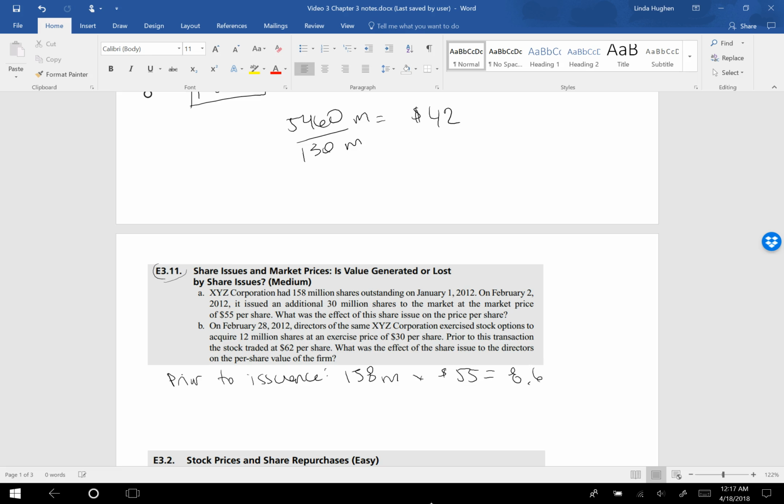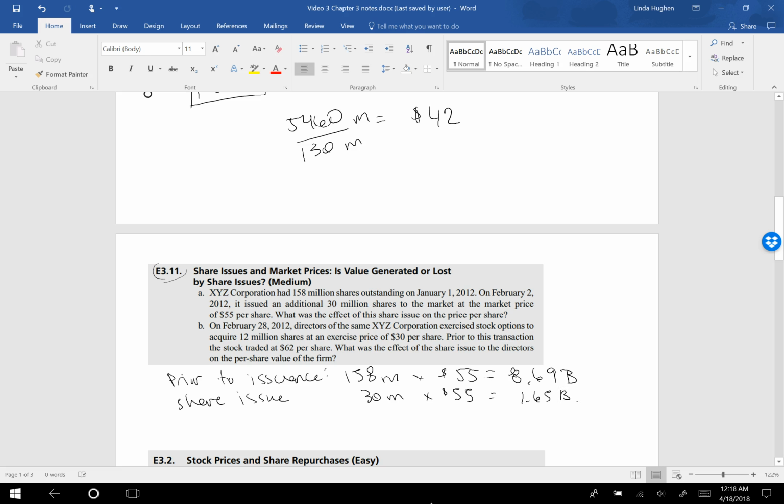This is 8.69 billion. The value of the share issue is 30 million at $55 per share. So 1.65 billion.